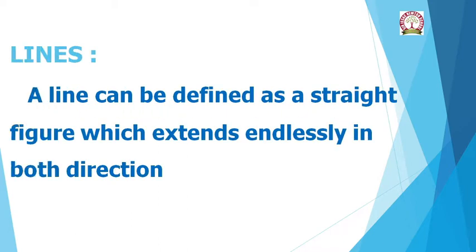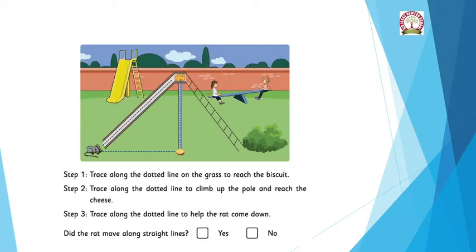A line can be defined as a straight figure which extends endlessly in both directions. I'll explain this with an example. Here we have a picture, right?